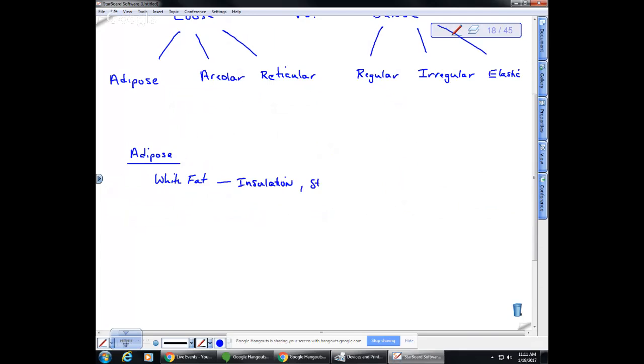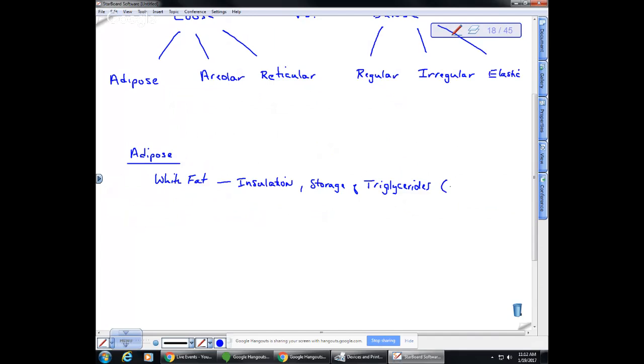And it's also storage of triglycerides, which can be broken down and used to produce ATP. It's a really efficient way because triglycerides don't have water. They're lipids, so they repel water. So you can store a lot of energy in fat droplets because there's no water diluting it, right? So it's an efficient way to store energy, okay?